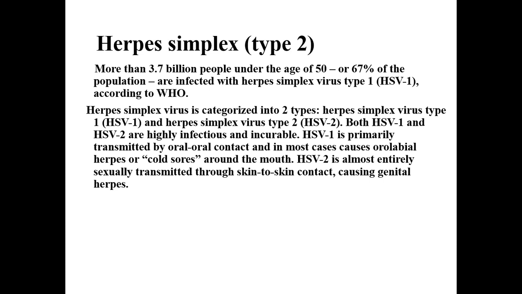According to the World Health Organization, herpes simplex virus is characterized into two types: herpes simplex virus first and second type, and both are highly infectious and incurable. Herpes simplex virus 2 is almost entirely sexually transmitted through skin-to-skin contact, causing genital herpes.